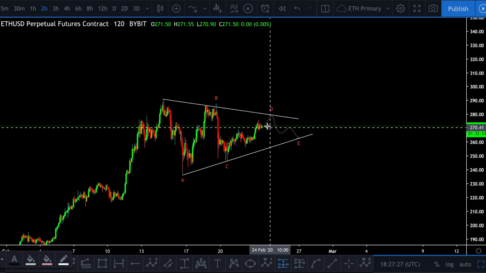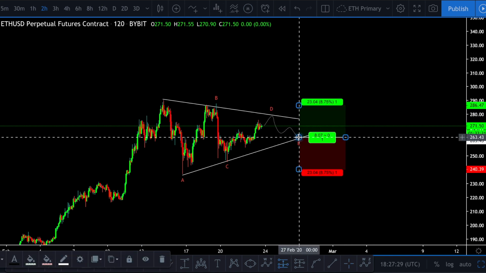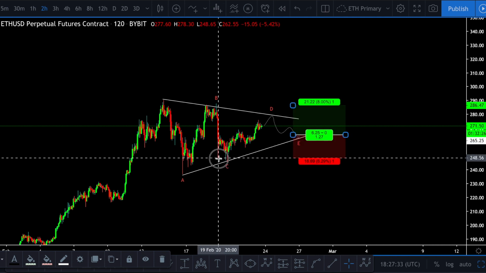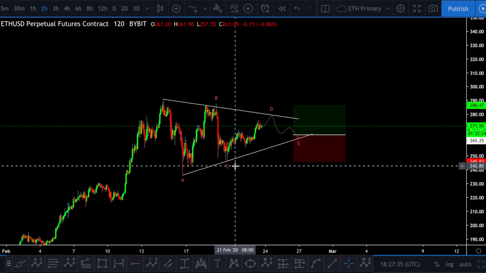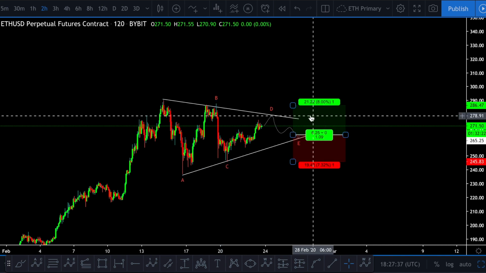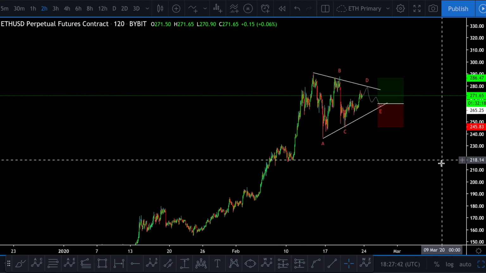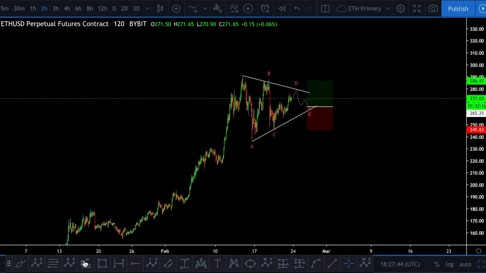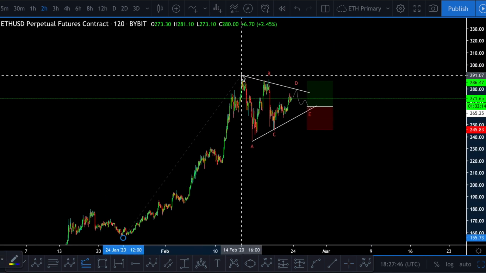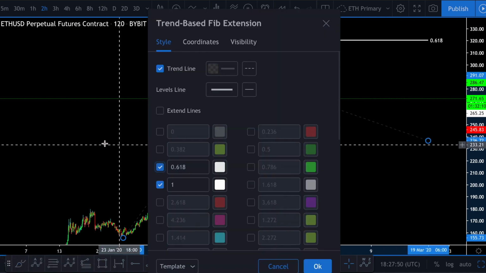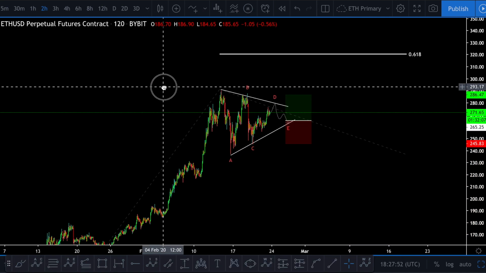So I'm looking to take a long either on the breakout or if we get a touch to around E, with a stop loss at the lower, previous bounce on the lower side. And then from there, I'm going to pull a Fibonacci extension tool and measure the 0.618 to get a good idea of where the minimum target can be.